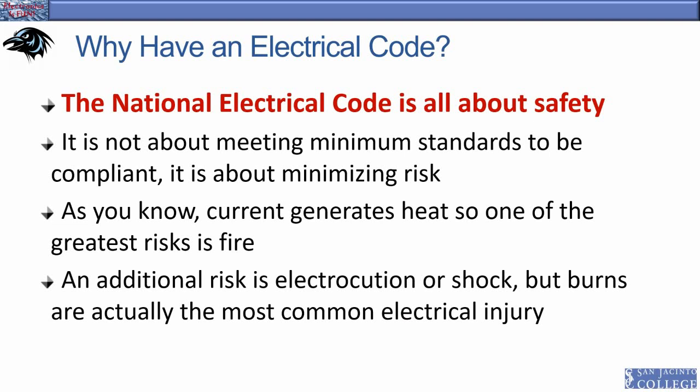And that's one of the things they mean by safe installation, how to minimize heat. And this is not just the conductors, it's the connections, it's eliminating the risk of short circuits, it's eliminating things like arcs or ground faults. There are a lot of elements in electrical safety that you need to pay attention to.